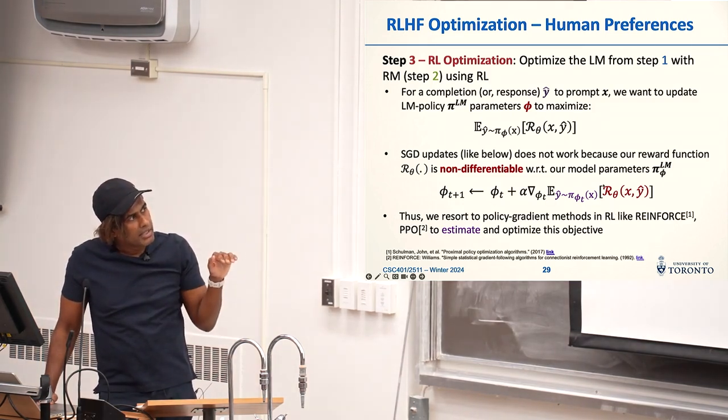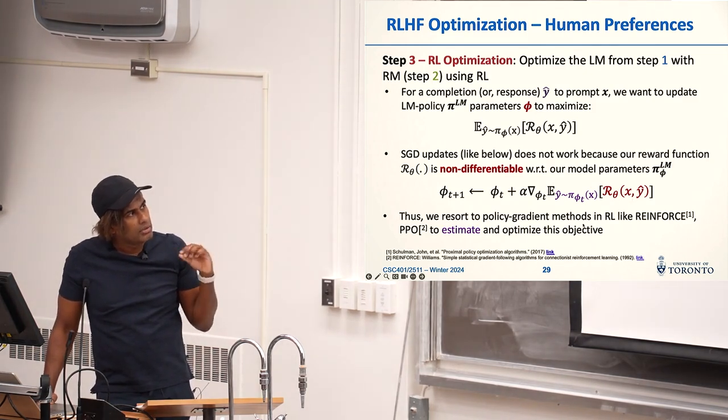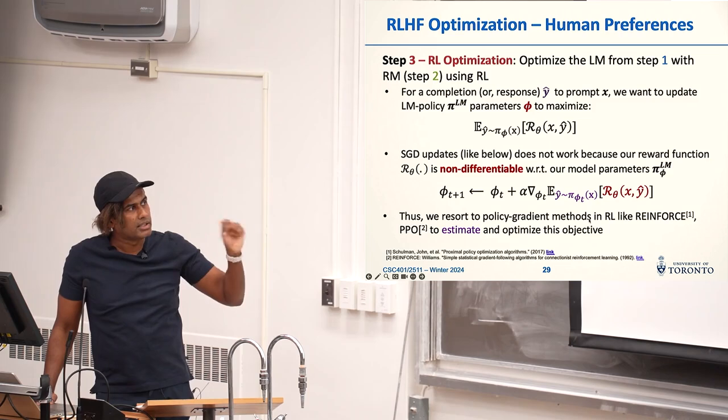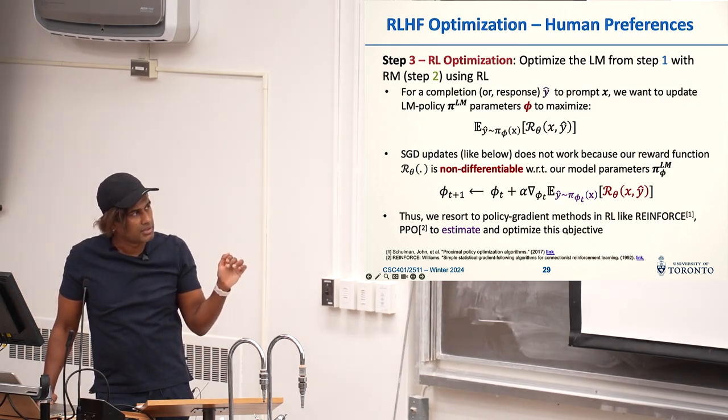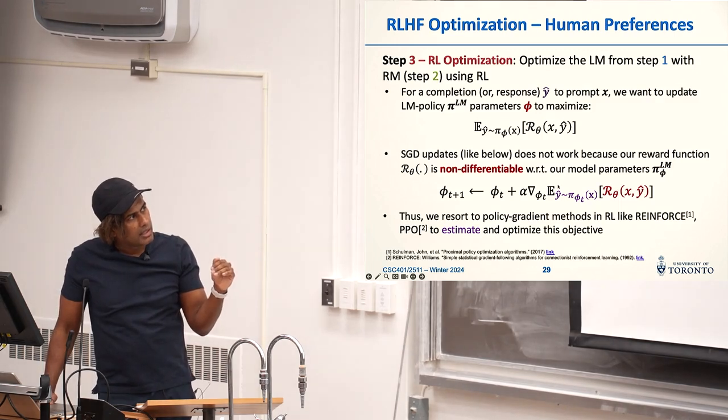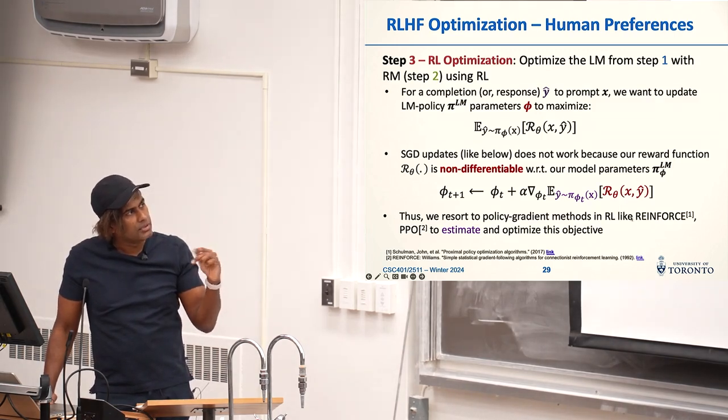But we can't solve this part using SGD, so we need to resort to other mechanisms like REINFORCE to estimate and optimize this objective. After that, we want to do this update using this objective, but using, let's say, REINFORCE or PPO.